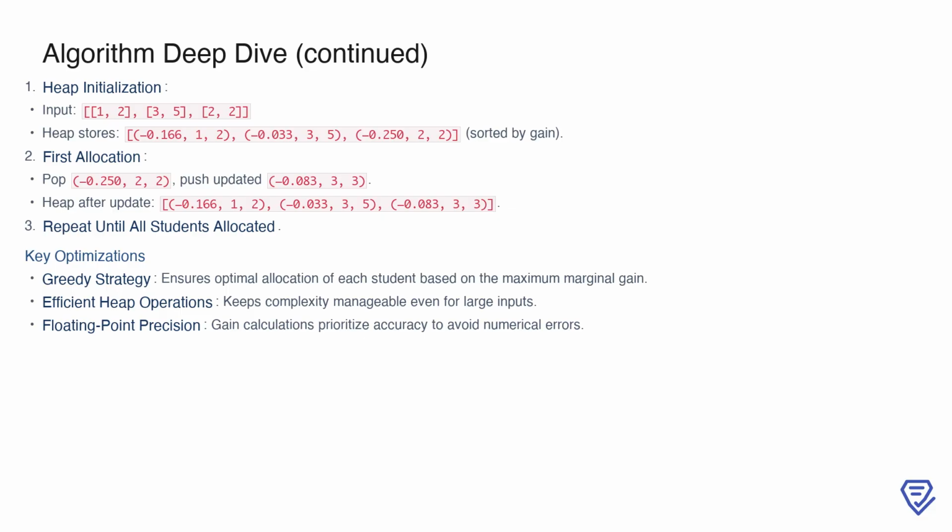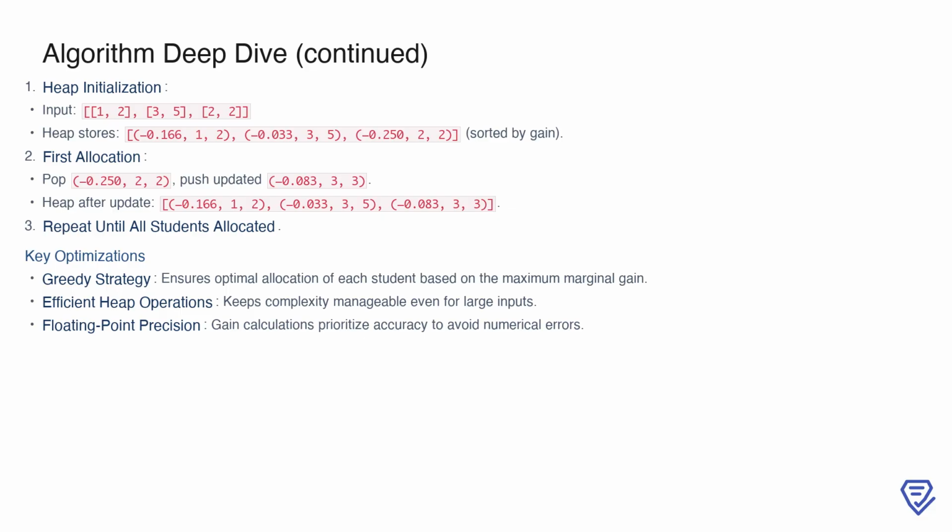For the first allocation, we pop this class from the heap, update its values to 3, 3, recalculate its gain, and push it back into the heap. The updated heap now contains (-0.166, 1, 2), (-0.033, 3, 5), (-0.083, 3, 3). This process is repeated until all extra students are allocated.